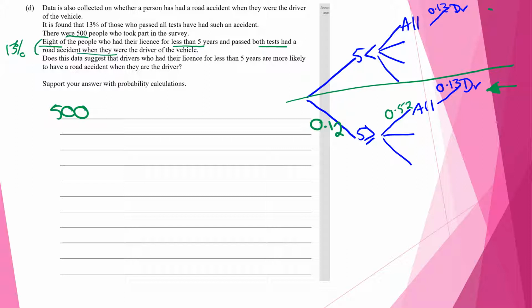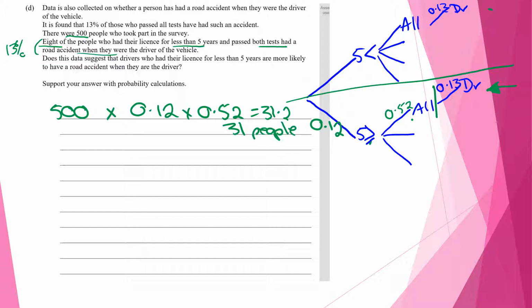The number of those 500 who had their license for 5 years or less and passed both of their tests was 0.12 times 0.52, multiplied by the total number of people surveyed, which gives us an answer of 31.2, or 31 people.